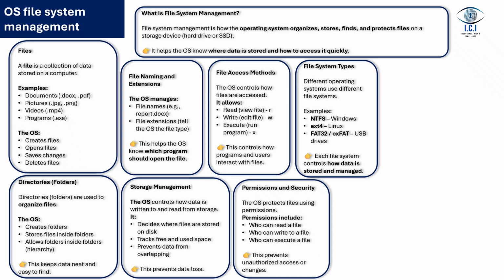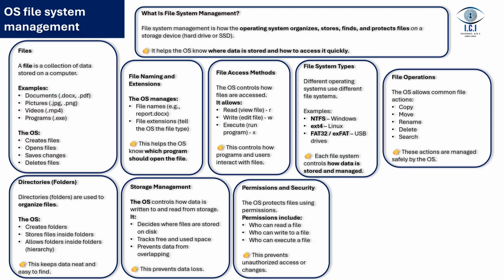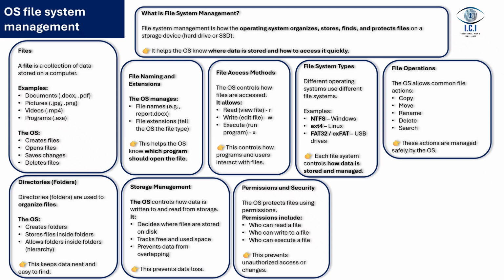When you hear NTFS, it is a type of file system for Windows. When you hear ext4, it is a type of file system for Linux. Each file system controls how data is stored and managed. We're going to get there and go into detail on how it is done.